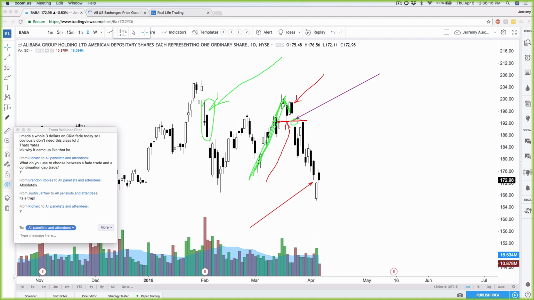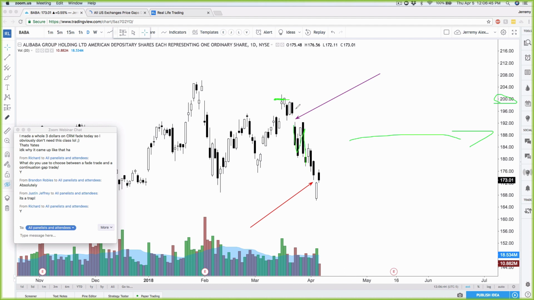Now, if we go back and look at the difference of the one that I'm pointing to with the red arrow, how far has the trend already moved? The easiest way to spot that is to go over to the price of the chart and do some quick math. So BABA was at 200 right here. And now BABA is trading down, trading down, trading down.